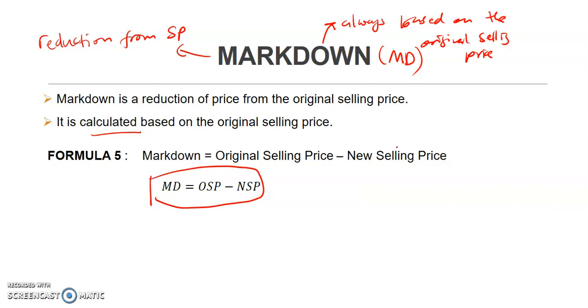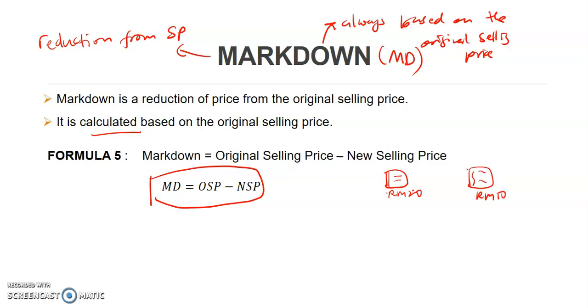Okay, for example, if the price of a book is 20 ringgit, this shop wants to clear old stock because a new book is coming. So this shop will reduce the price from 20 ringgit to 10 ringgit.